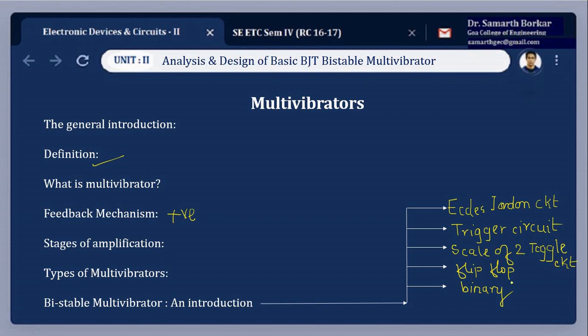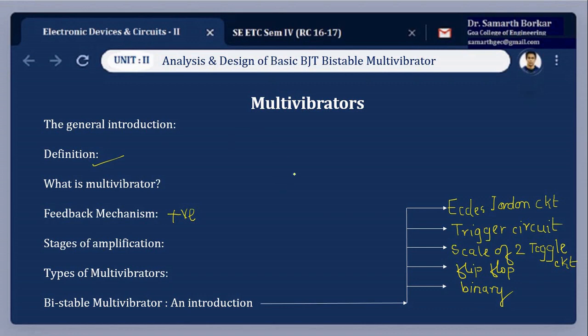Initially, if the circuit is in state 1, then when an external trigger pulse is applied, the circuit is driven into state 2 and remains in that state. When a second trigger pulse is applied, the circuit changes from state 2 back to state 1 and remains in this state. Thus, each input is used to generate one half of the square wave.